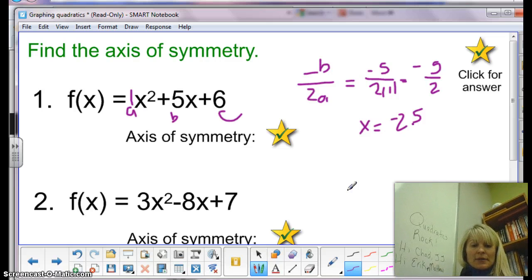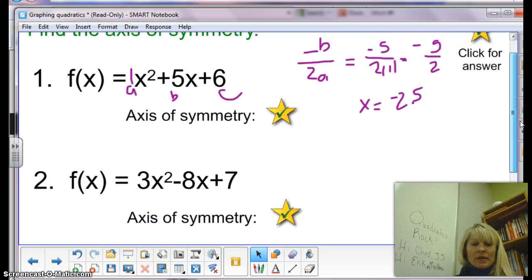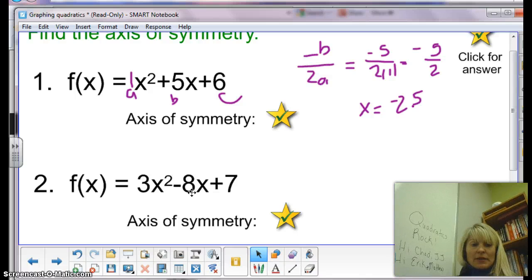And looking at another example here. Here we have another standard form equation. I know it's going to cross the y-axis at 7. That's the y-intercept. And then I also know that this is my a, my b, and my c.